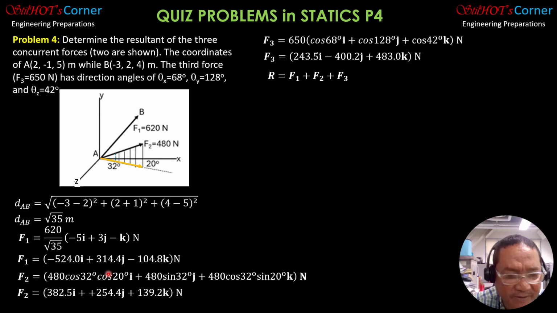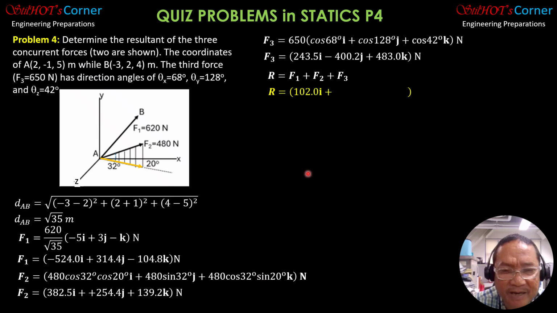For j, 314.4 plus 254.4 minus 400.2 quantity j. For k, quantity negative 104.8 plus 139.2 plus 483k, and close in newtons.